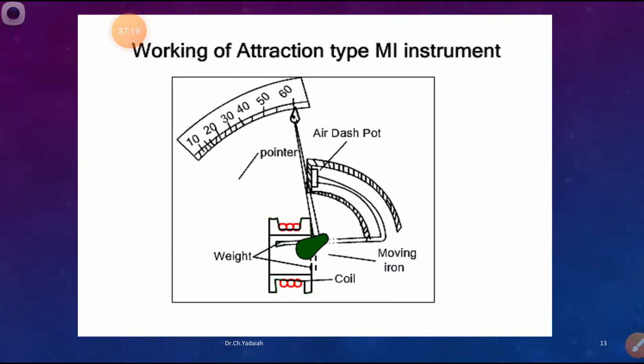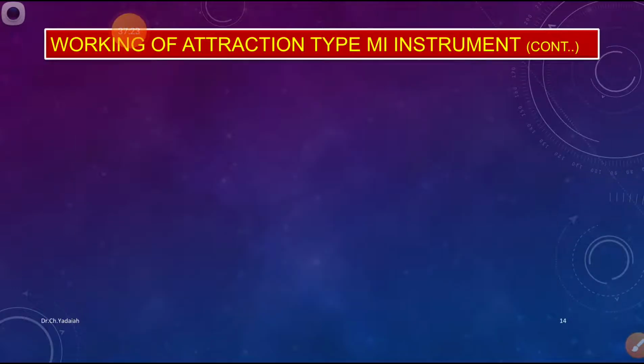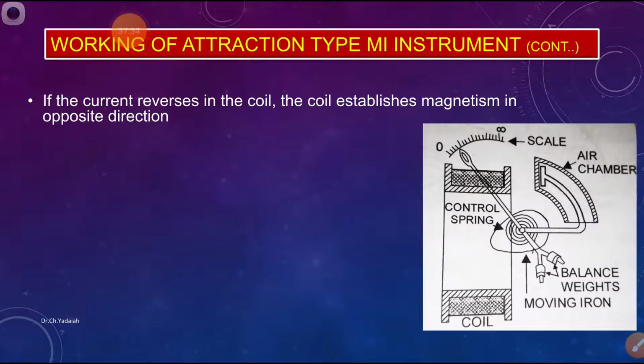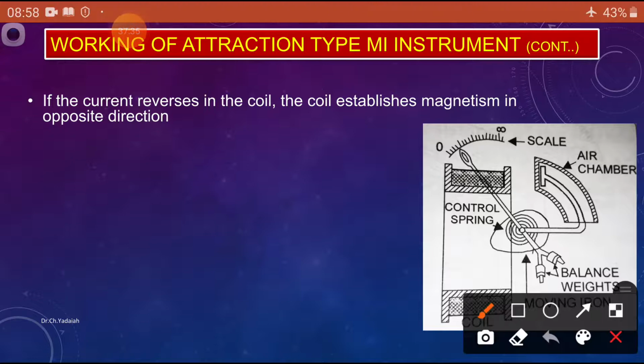Okay, now let us see the salient points. If the current reverses in the coil, it establishes magnetism in the opposite direction. We can see what will happen. Here the current is entering at one end and leaving at the other, and it produces flux.